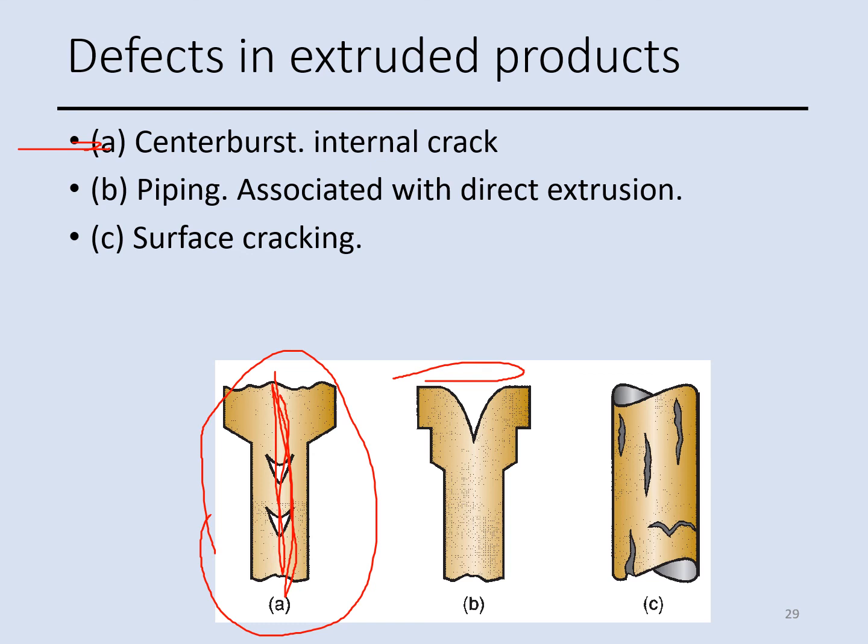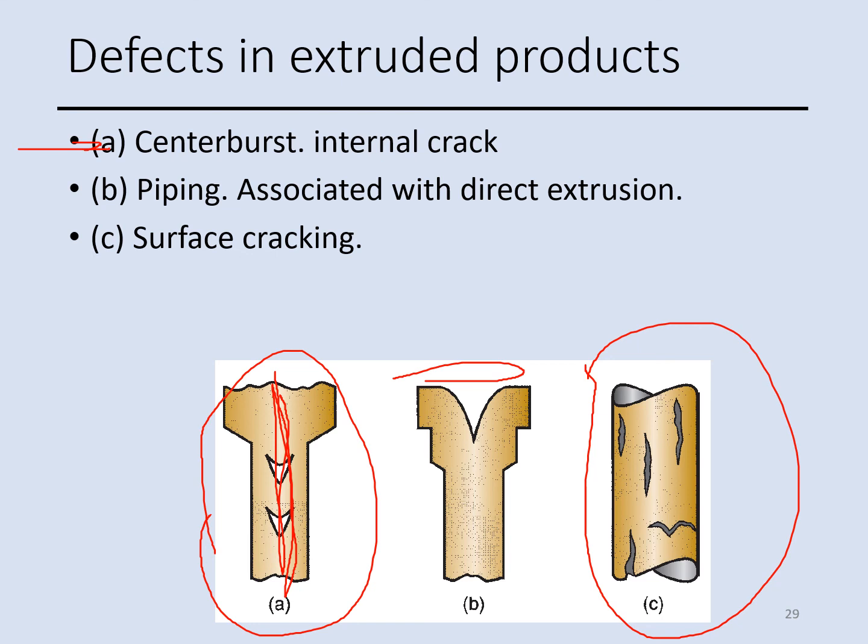The next one is called surface cracking, this one, and this defect happens when we have a high temperature at the workpiece, and that causes cracks to develop on the surface. We can address this problem by lowering the speed of the extrusion.